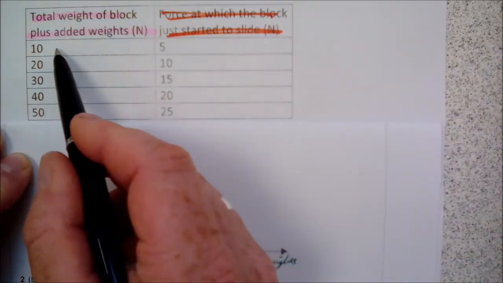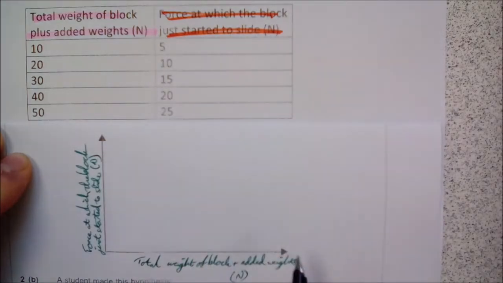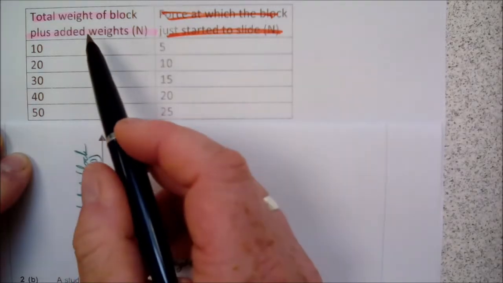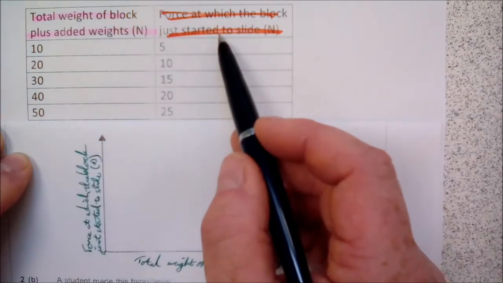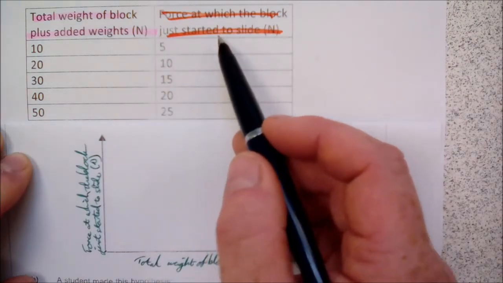And so we would see that this data here is going to give us a straight line. It's going to go through the origin, through 0, 0, because if we've got 0 weight, we will have 0 force needed to make it move.